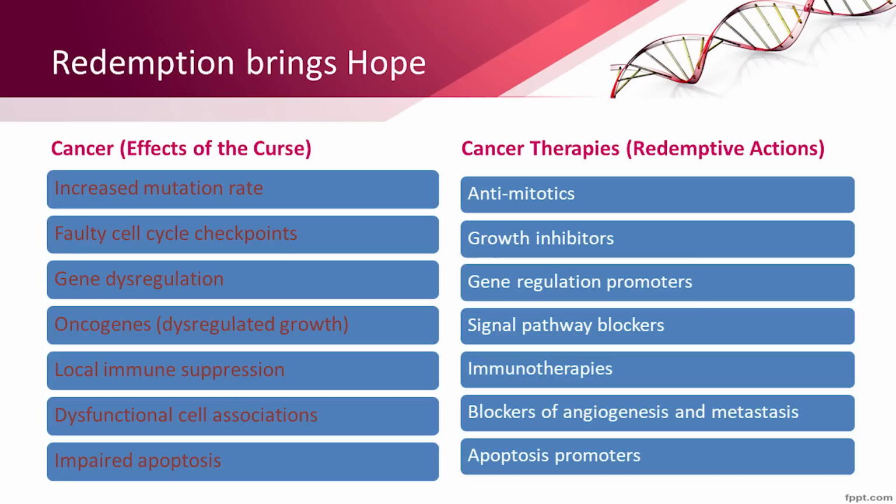Finally, one effect of the curse that we see in cancer cells is that often they have defective apoptosis pathways. They have all kinds of DNA damage, all kinds of signaling damage, and yet they do not commit apoptosis and die. Usually, it's because apoptosis is somehow broken in that cell.